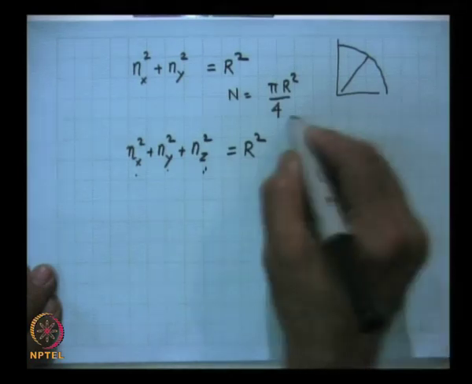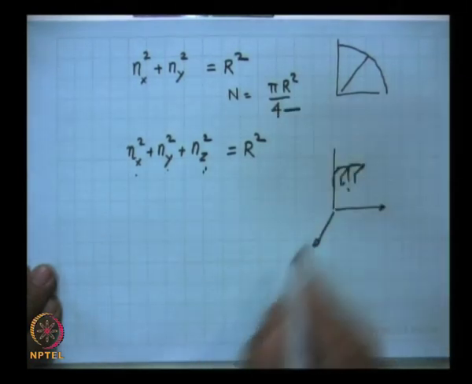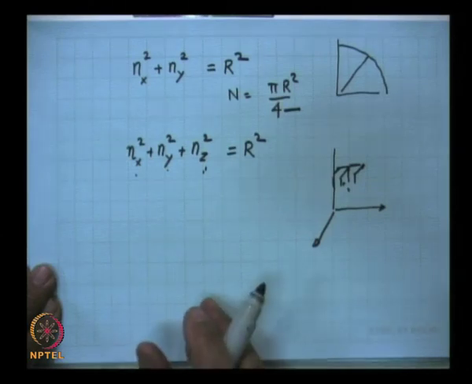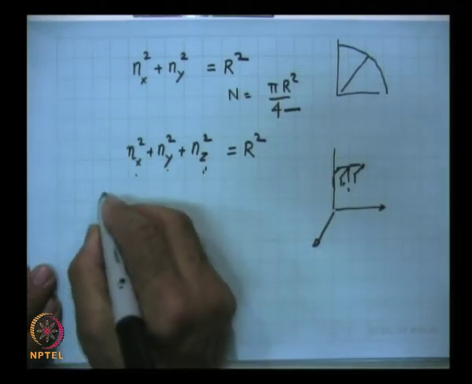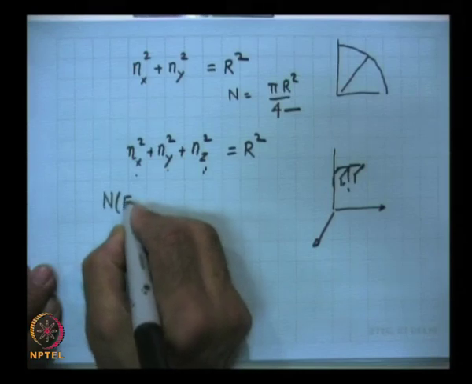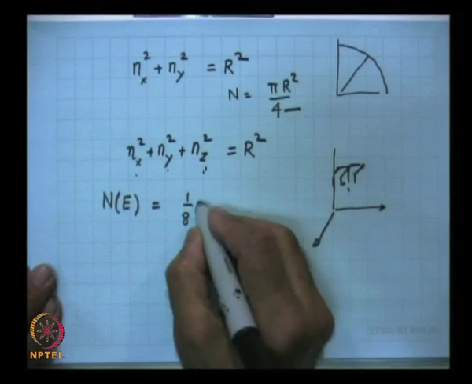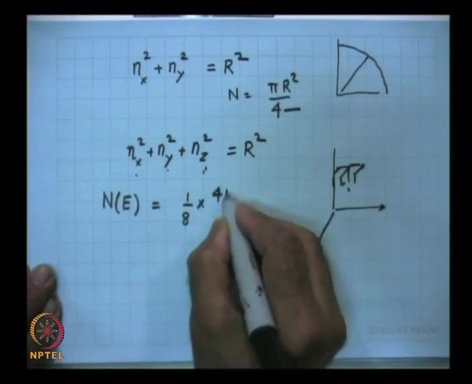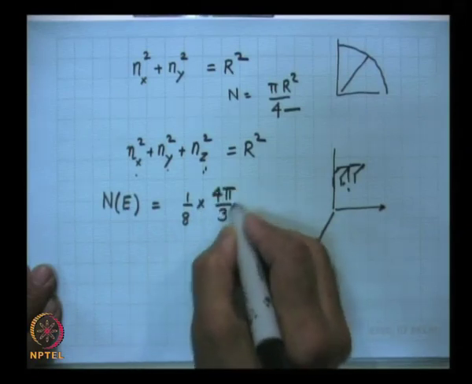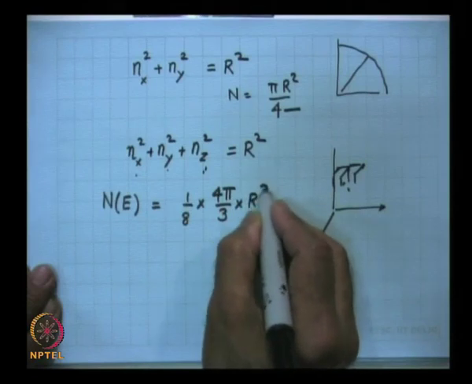Here we had pi r square by 4, but there are 8 octants in a 3-dimensional geometry. So, the total number of states will be equal to 1/8, that is the octant, multiplied by the volume of the sphere, that is 4 pi by 3 into r cubed.